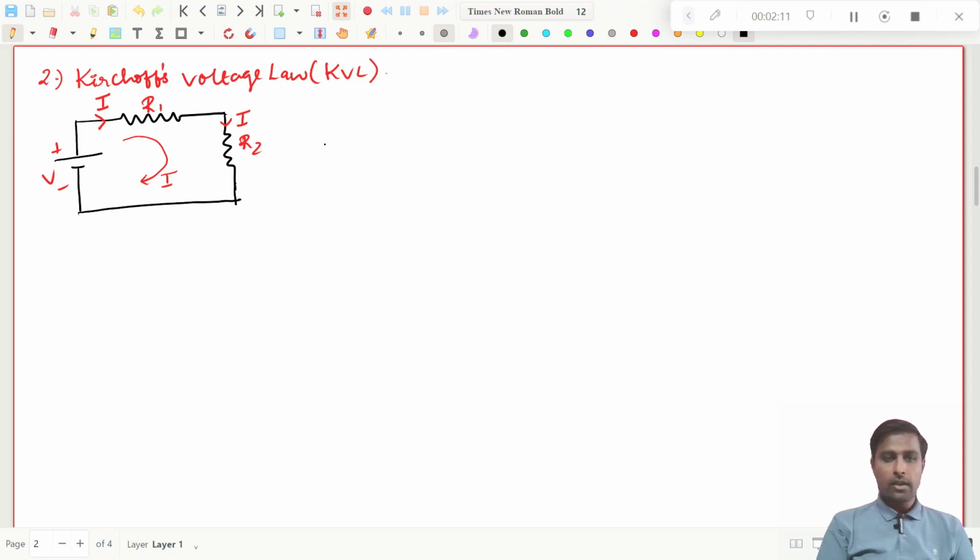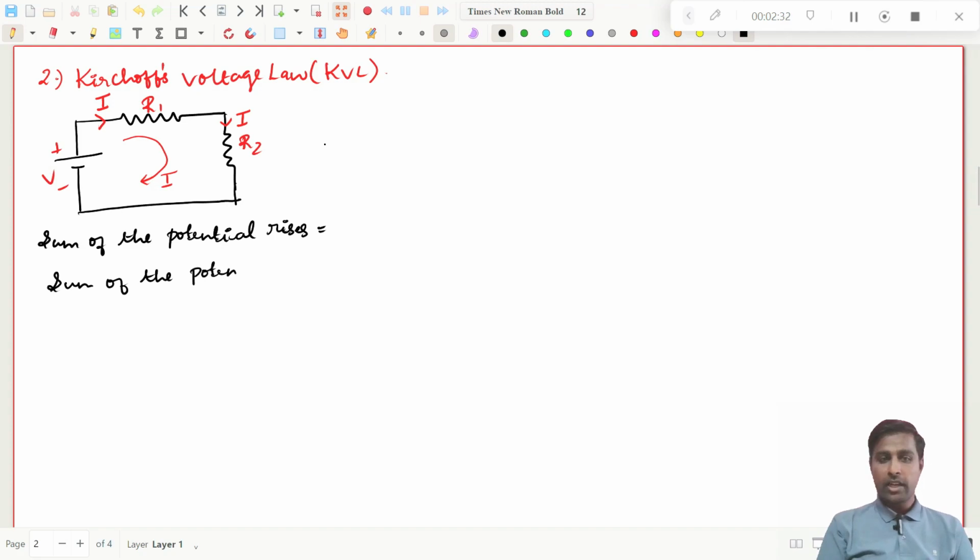Sum of the potential rises is equal to sum of the potential drops. That's all. This is the definition for Kirchoff's voltage law.